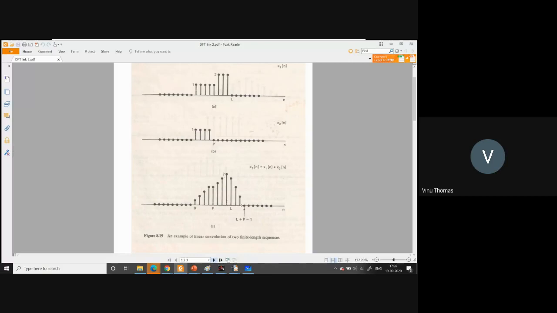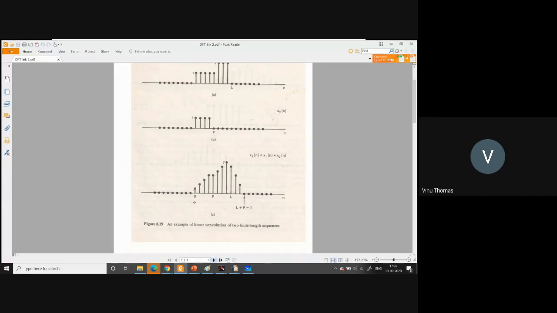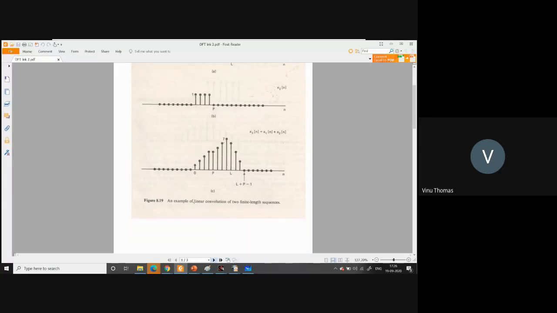So this is the last sample. There will be L plus P minus 1 samples. This is the 0th sample, and in general the last is the L plus P minus 2th sample. So from 0 to L plus P minus 2, there are a total of L plus P minus 1 samples. This is the linear convolution of the 2 sequences.